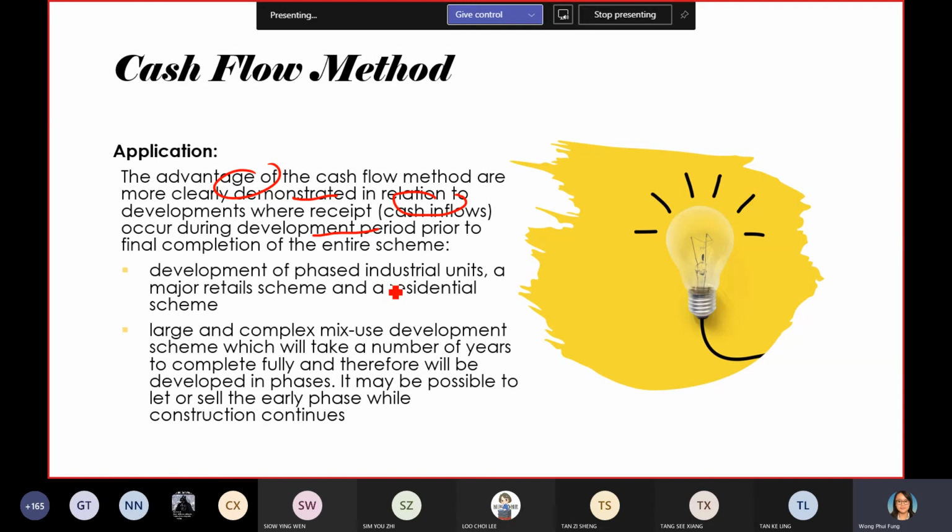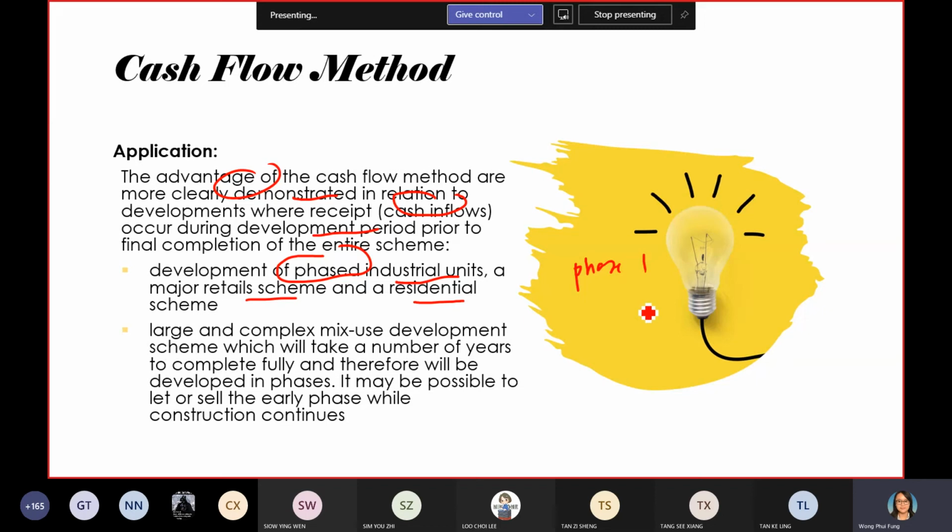So a cash flow method gives a more realistic presentation. This cash flow method will be very, very useful for projects, especially phased industrial units, retail, residential. Because right now, it is very common for them to develop projects in phases.